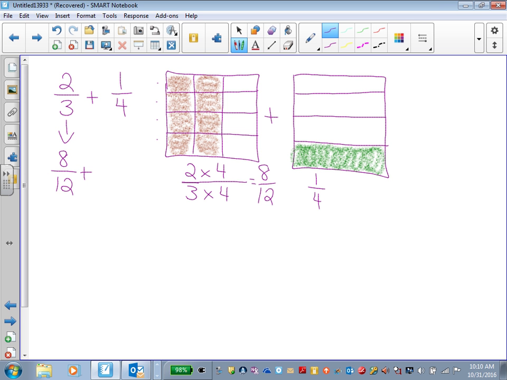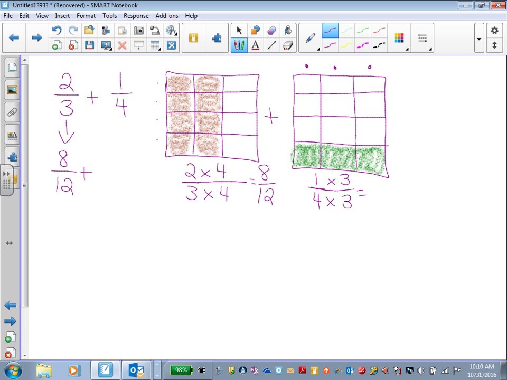And now what am I going to do to my 1/4 box? Danya, 2 vertical lines. 1, 2, which means that I'm multiplying by what? 3, because we have 1, 2, 3 columns.